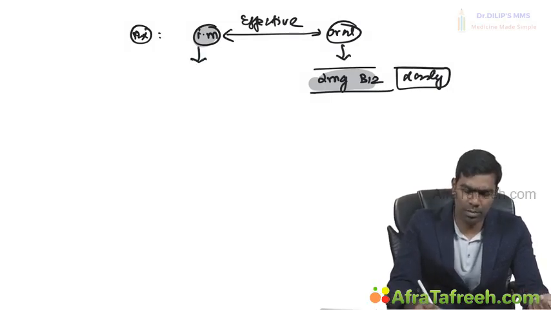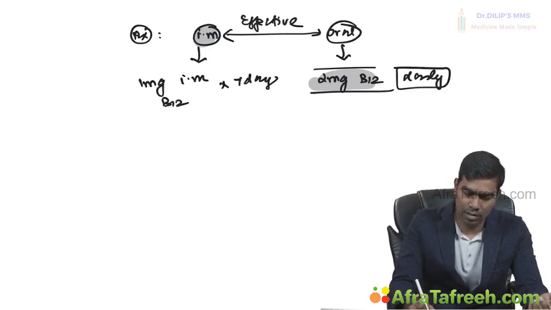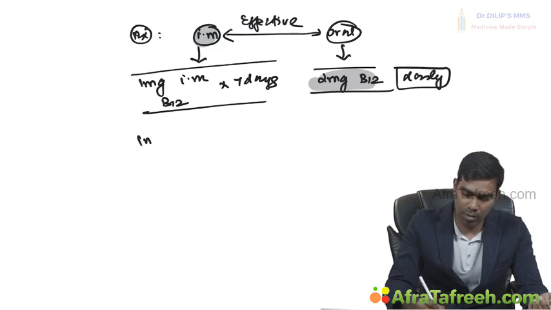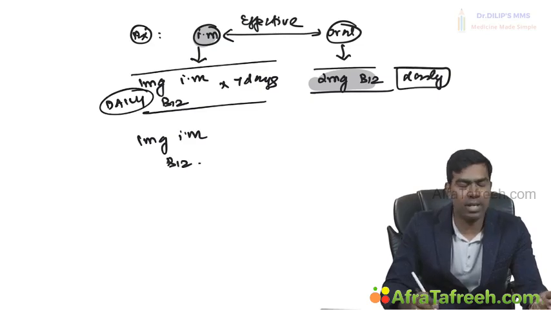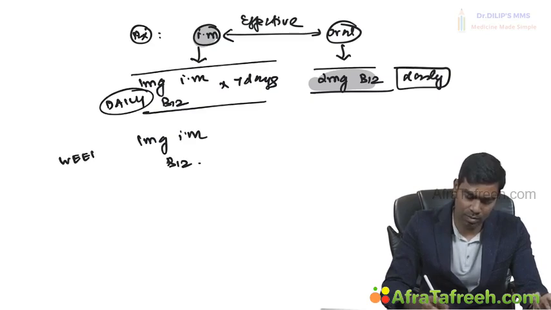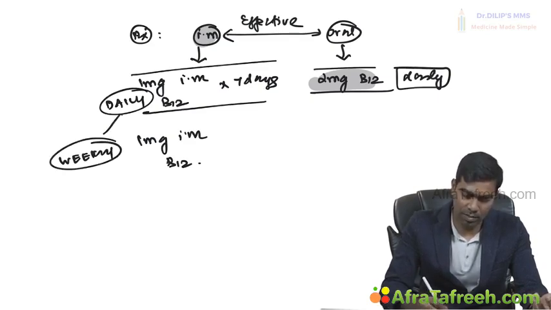IM protocols, if you ask me what is the IM protocol, typically we give 1 milligram IM B12 daily for 7 days. After this we shift to weekly doses of the same 1 milligram IM B12 for 4 to 8 weeks.